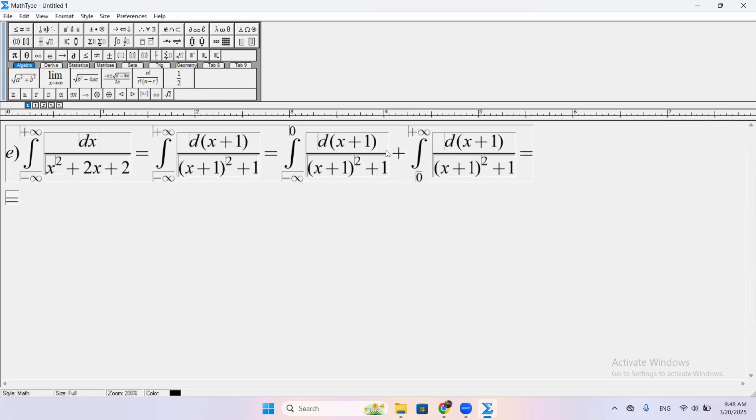So this is the table integral, and the antiderivative will be arctangent of x plus 1, with the substitutions from minus infinity to 0, plus actually the same expression, but with other substitutions.